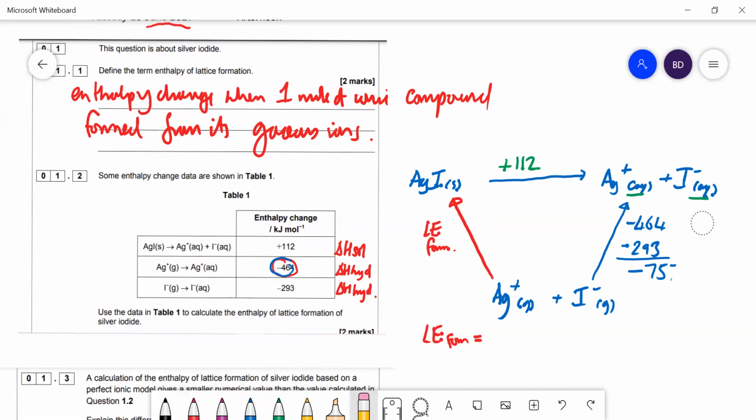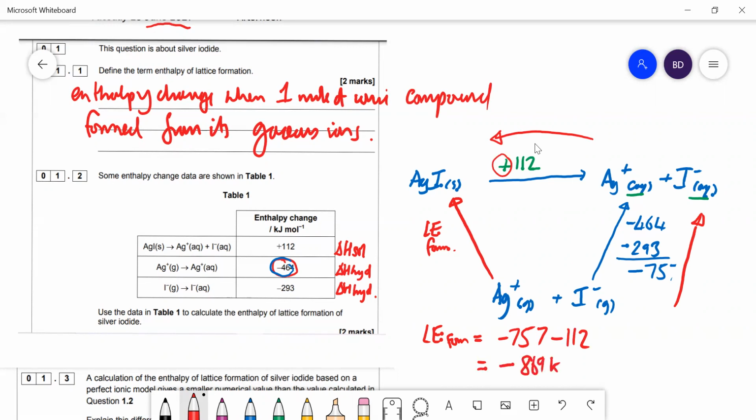First of all, we're going up there, we're going with the arrow there. So that's minus 757. And then we're going there, we're going against the arrow, so we change the sign there to minus 112. And that gives us minus 869 kilojoules per mole as our final answer.